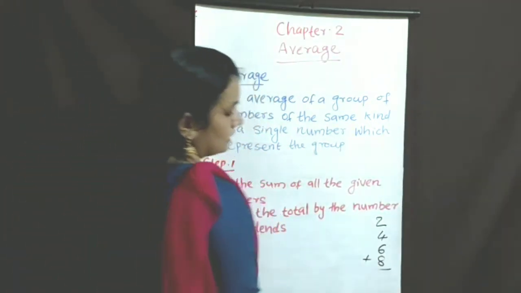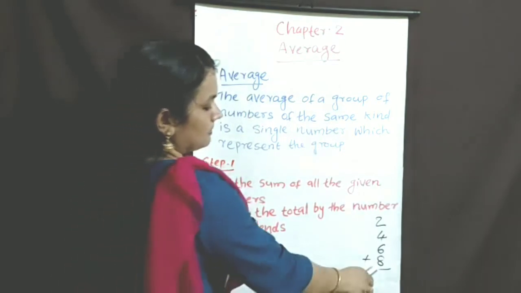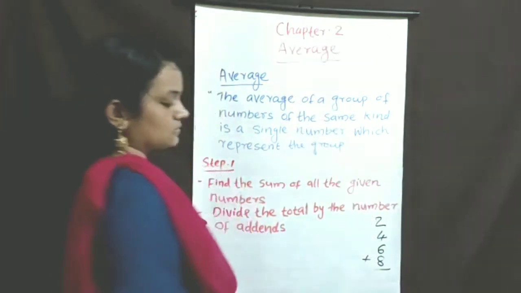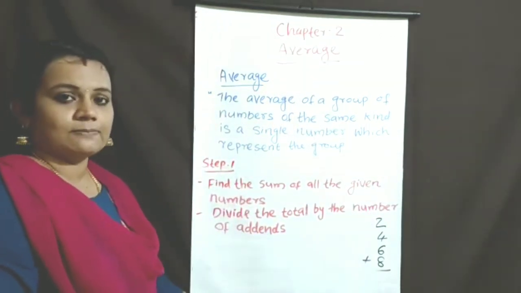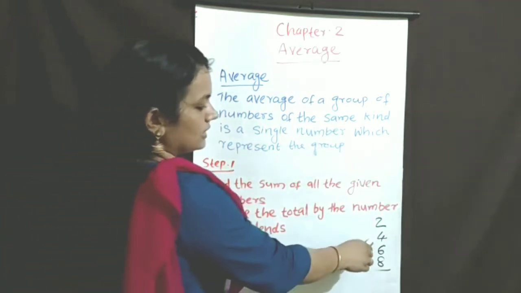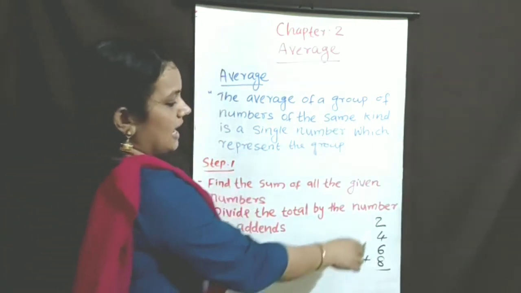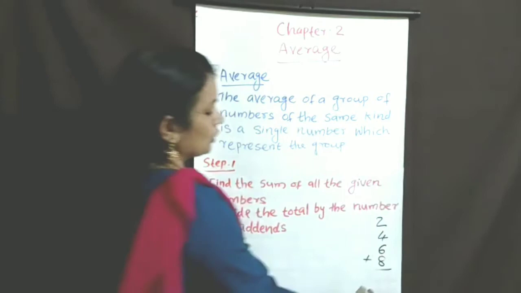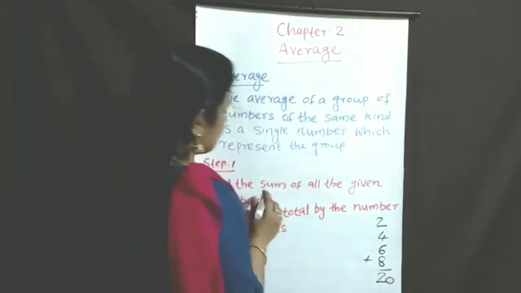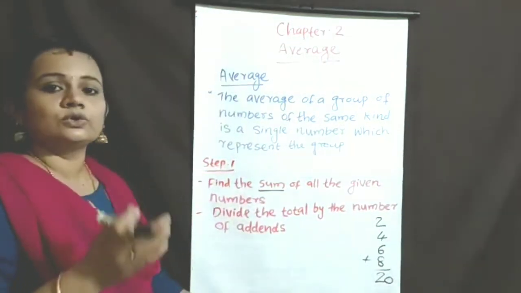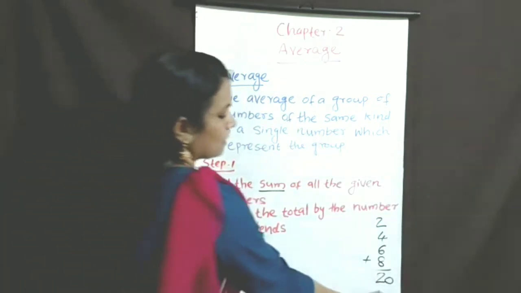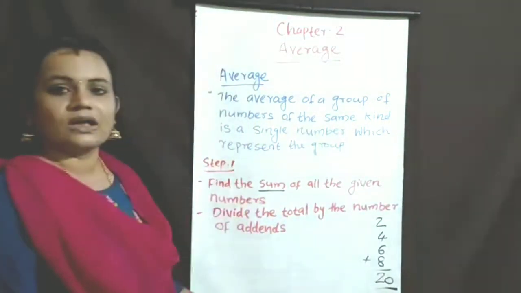First you add these 4 numbers: 6 plus 8 plus 6. What are 8 plus 6? 14. 14 plus 4, 18. 18 plus 2, what are 20? How to find the sum? Sum means you do the addition. 20 is the sum.